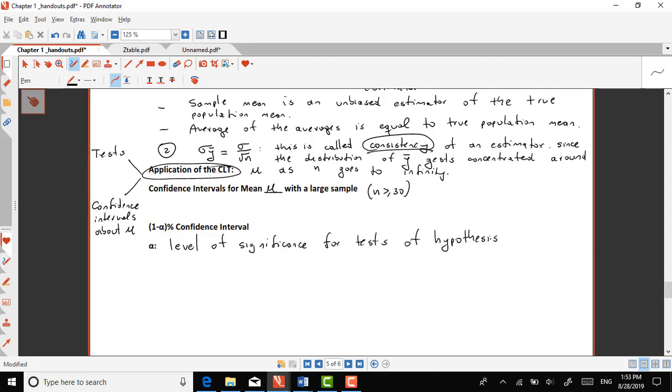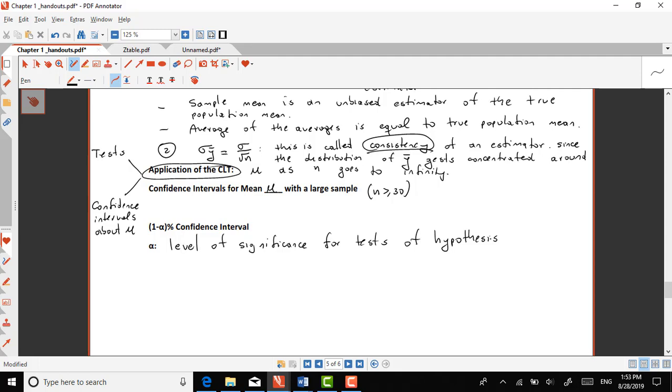so let's learn to do this. Well, given the fact that our sample mean is normally distributed with mean mu and standard deviation sigma over square root of n, we can come up with a formula for the confidence interval.